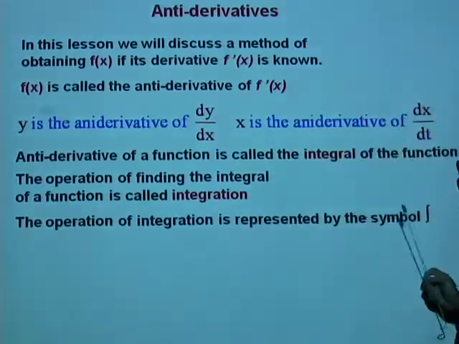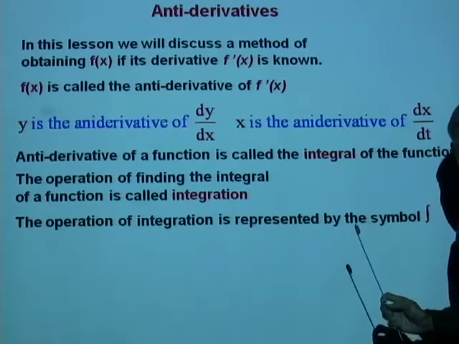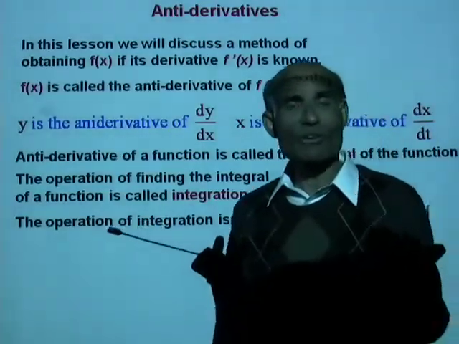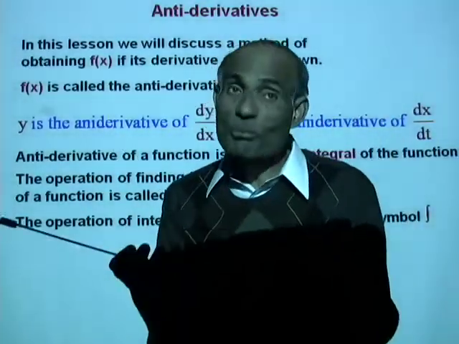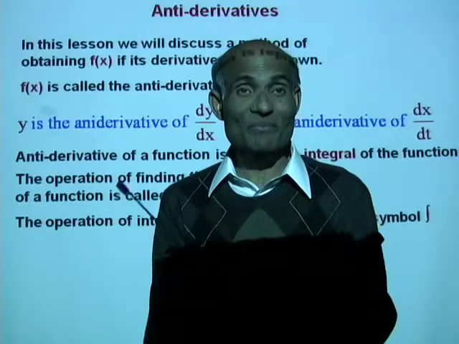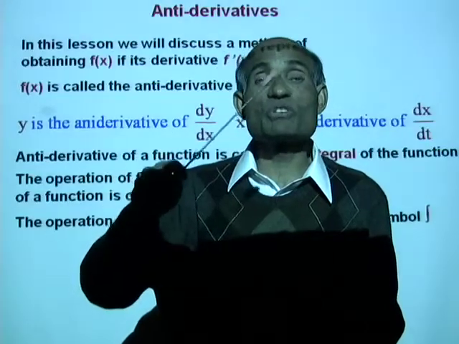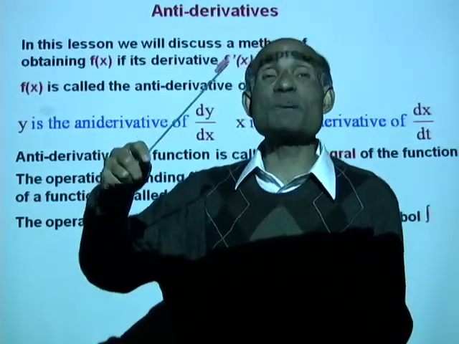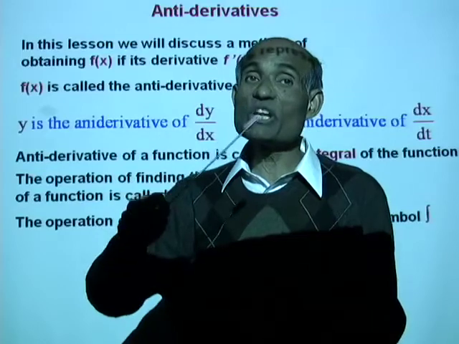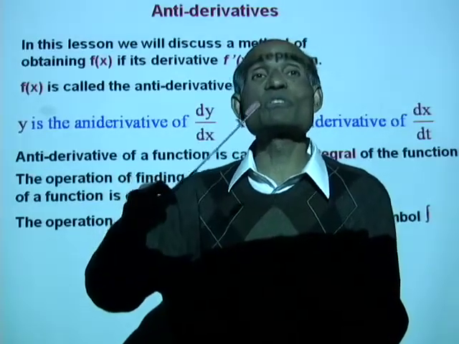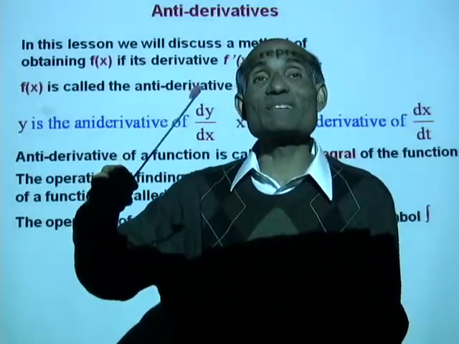And we use a symbol for this operation. For any mathematical operation, there is a symbol. Now, d by dt stands for derivative of the function with respect to t. D by dx stands for derivative of the function with respect to x.